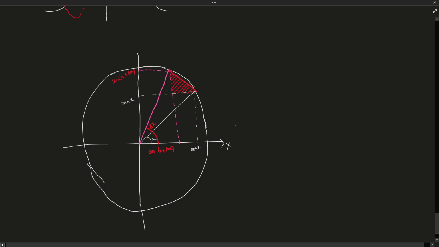Now if I zoom in and portray this, it will be something like this.